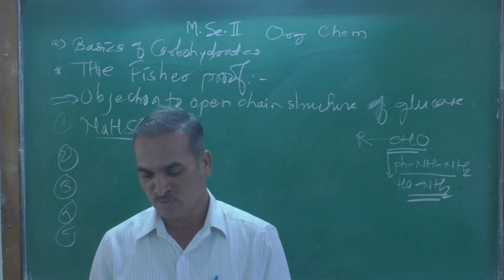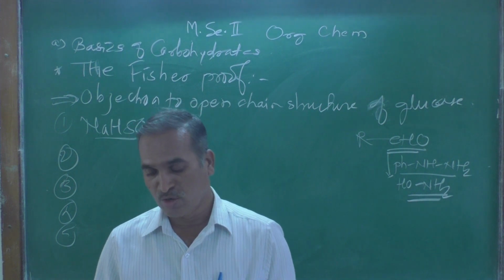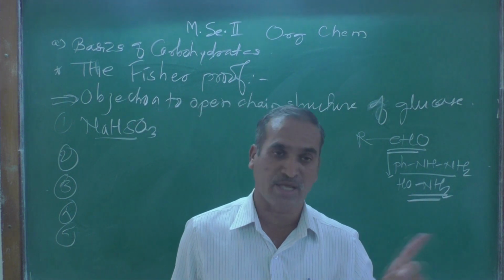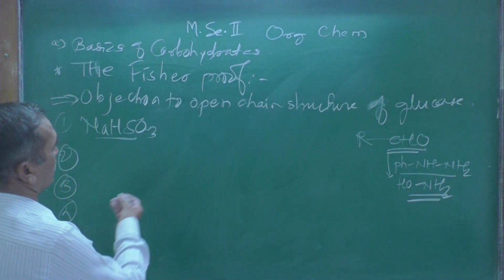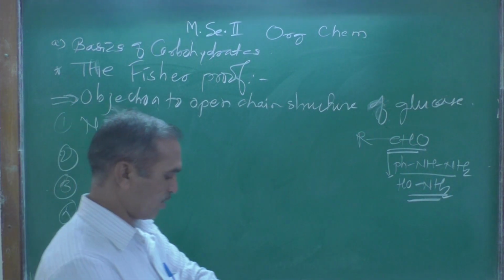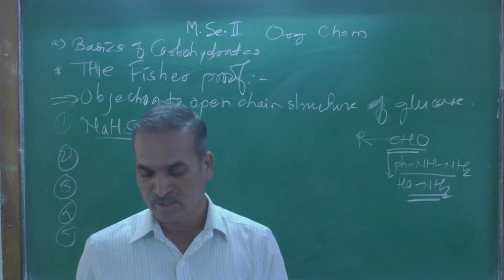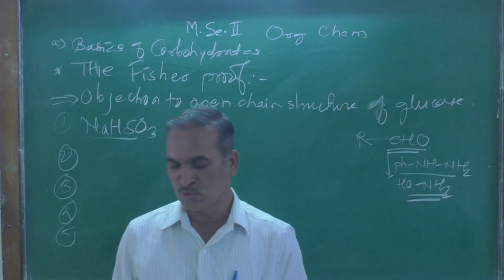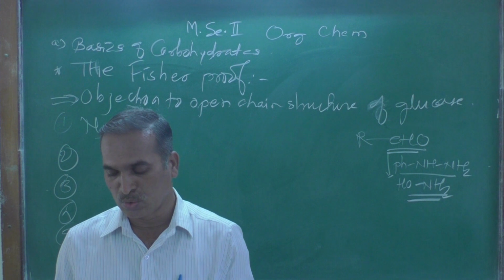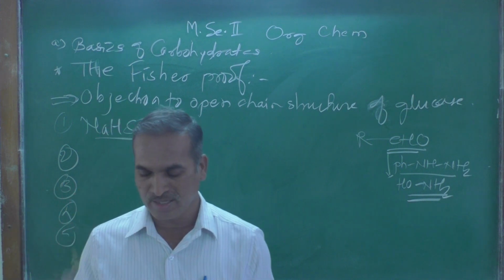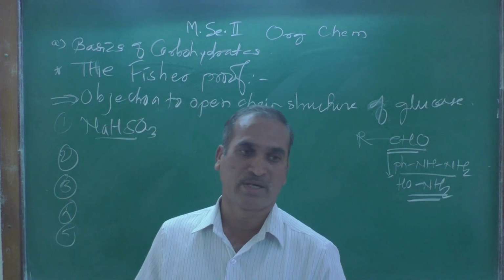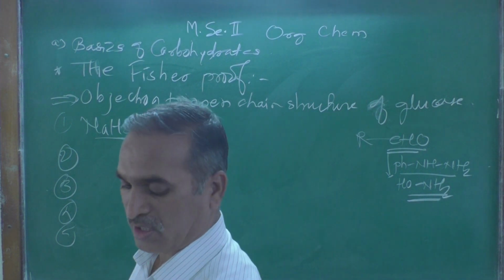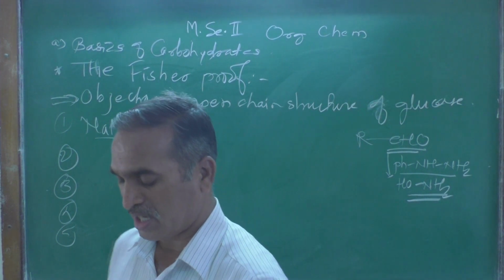Then anomers. What do you mean by an anomer? That is another word we are going to learn. There are 2 isomeric forms of D-glucose because of the cyclic structure, and the rest we will see in the next lecture.